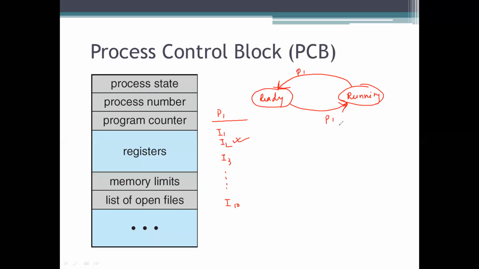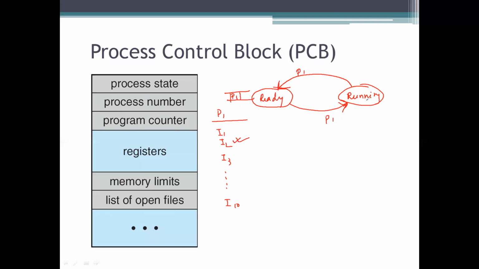That means when the process goes back from the ready to running state, P1 is executed by the CPU. Now P1 is executing the instruction I2. After execution of I2, P1 will be shifted from the running state to the ready state, so P1 is placed inside the ready queue.